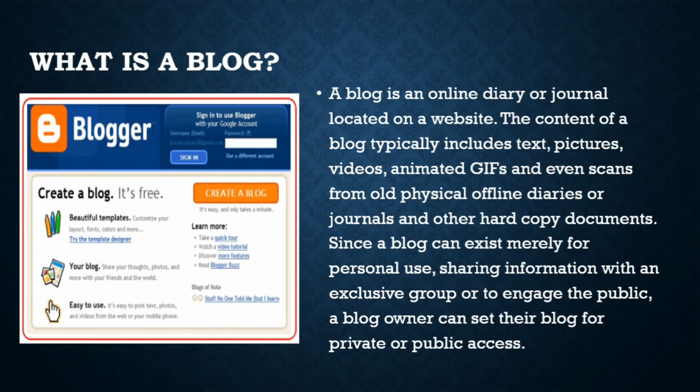Since a blog can exist merely for personal use, to share information with an exclusive group, or to engage the public, a blog owner can set their blog for private or public access. So the point is, a blog is an online diary or journal located on a website.